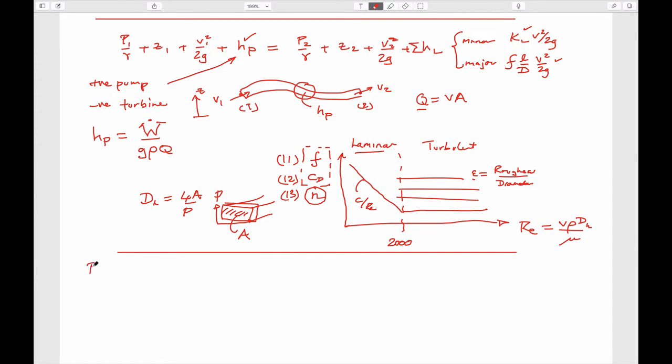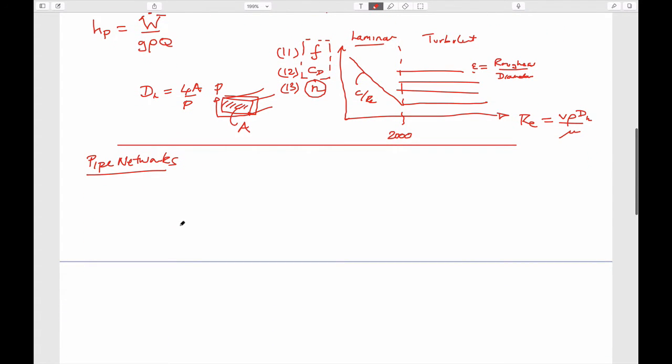If we look at pipe networks, then they come in really 3 varieties.